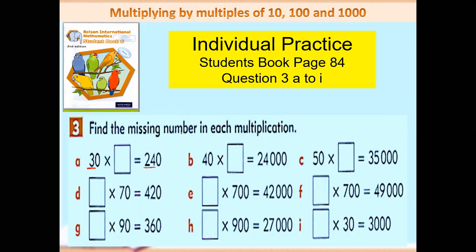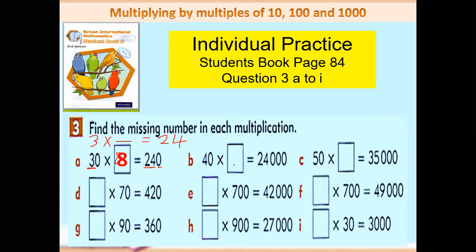So you have to think first, what number should I multiply by 3 to give 24? The answer is 8. So let's put 8 here. Since we have only 1 zero, and we have 1 zero there, so the answer is only 8. Okay, let's go to the next question.